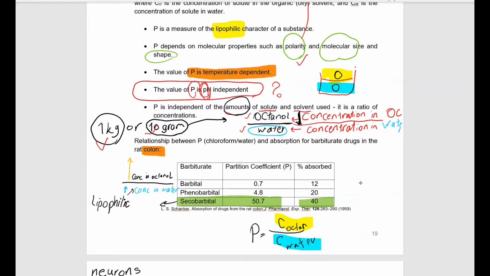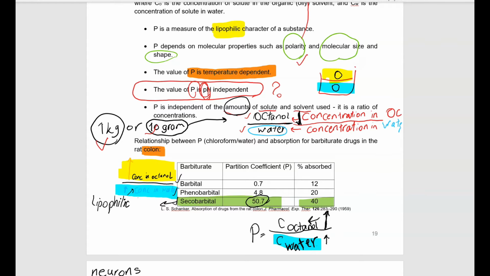Between these three medications, barbital, phenobarbital, and secobarbital, secobarbital is more lipophilic, so it can be dissolved into octanol rather than the water. So the concentration is higher in octanol than in water, and the P value will increase.